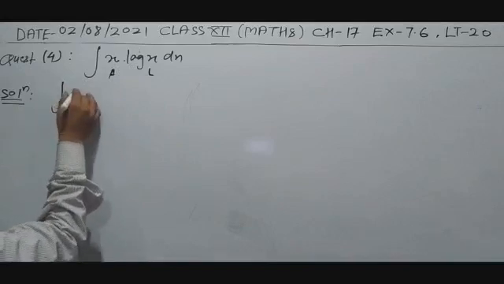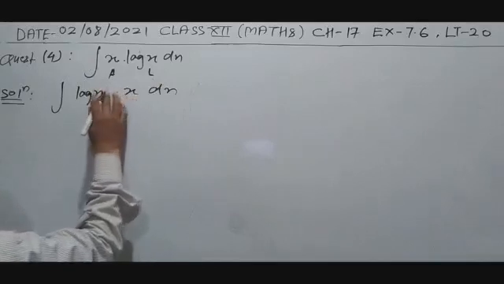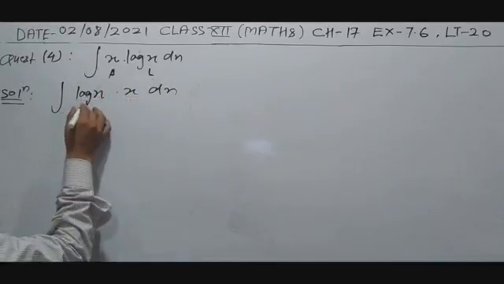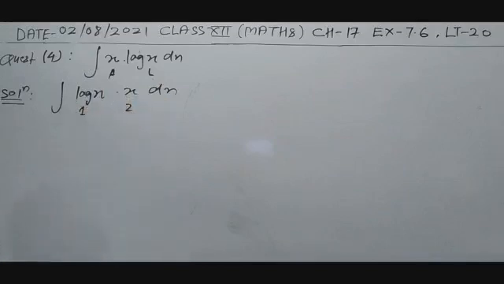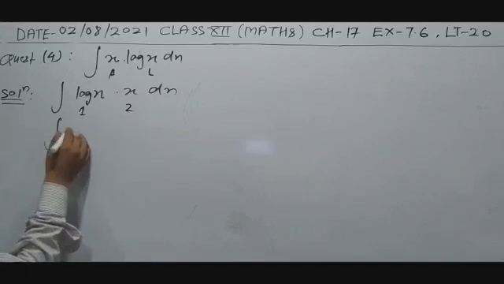So the solution is log x times x dx. Now you will consider log x as the first function and this is the second function. So what will be the result? Write the formula first of all.